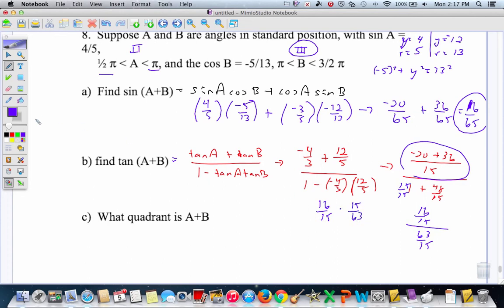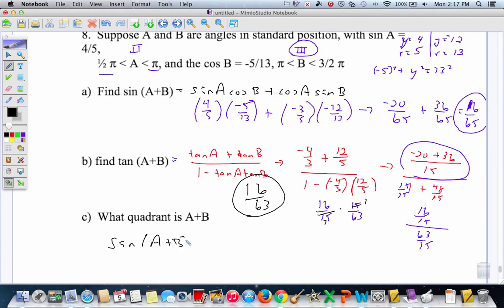And one last step, I have one fraction divided by another, so 16/15 times 15 over 63. The 15s are going to cancel, and we'll have 16/63 as our simplified version here for tangent of a plus b.